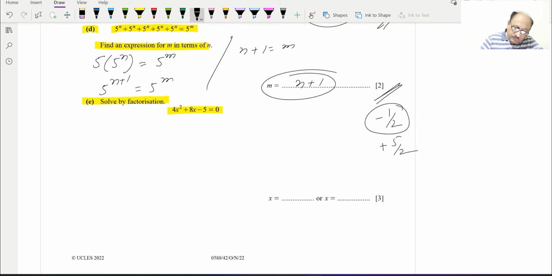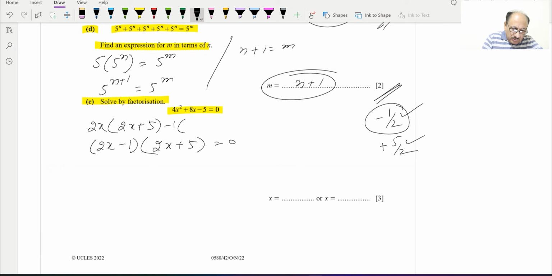For the denominators we are putting here with x, 2x, and minus 1. When we use this one, it will be 2x plus 5 is equal to 0. And as an intermediate step, we can write 2x into 2x plus 5, and minus 1 into 2x plus 5 is equal to 0. So now your working is complete.